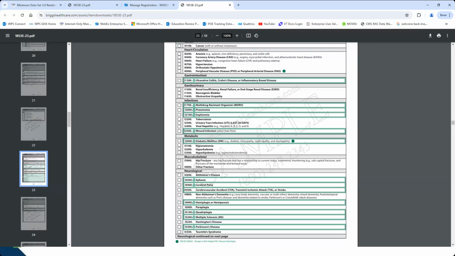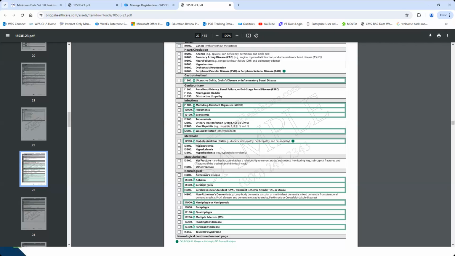Now remember, active diagnoses means physician-documented diagnoses in the last 60 days that have a direct relationship to the current functional status, cognitive status, mood or behavior, medical treatments, nursing monitoring, or risk for death during the 7-day look-back period. So they had to have been identified in the last 60 days and have an effect on one of those in the 7-day look-back period.